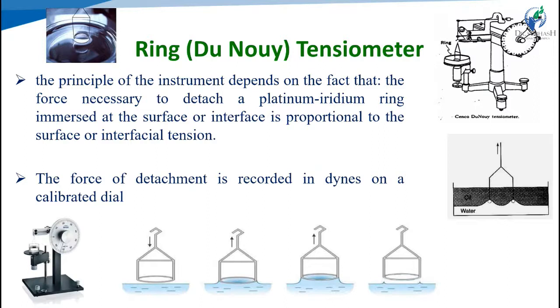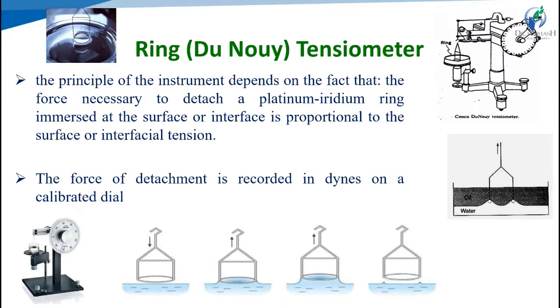The principle of that instrument depends on the fact that the force necessary to detach a platinum-iridium ring, which we have to immerse at the surface or the interface, is proportional to the surface or interfacial tension acting along the circumference of that ring.